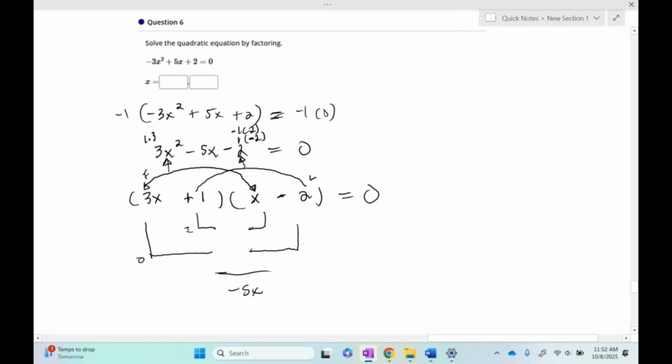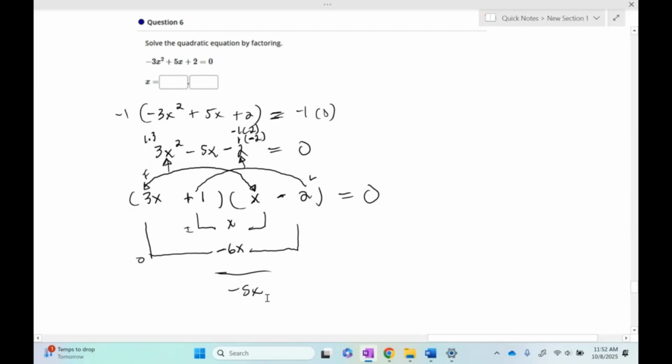And now I'm going to see if the middle term is correct. 3x times x is 3x squared. Positive 1 times -2 is -2. Now if I take my outermost, 3x times -2 is -6x. 1 times x is +x.